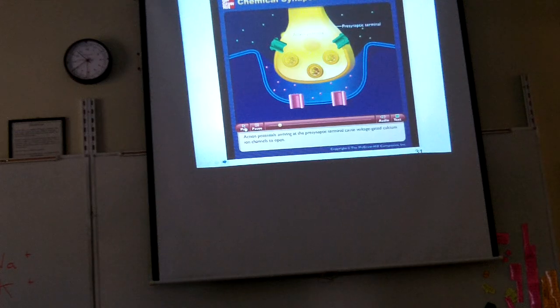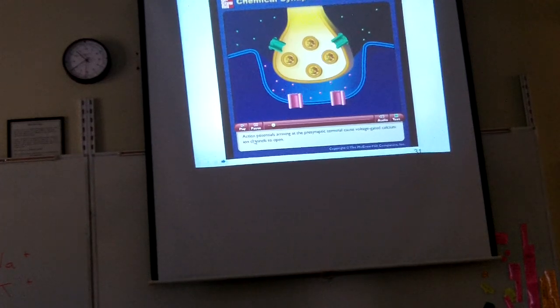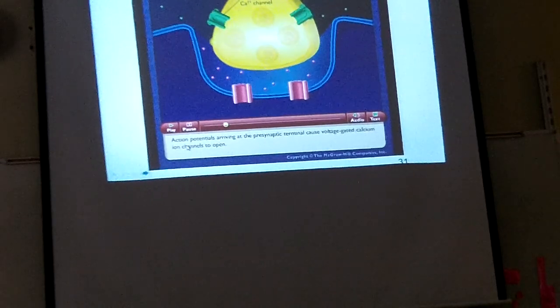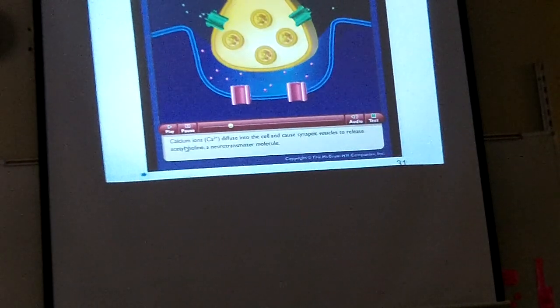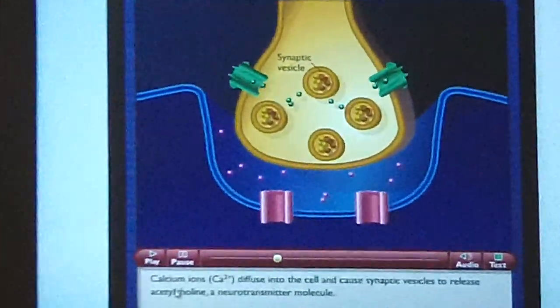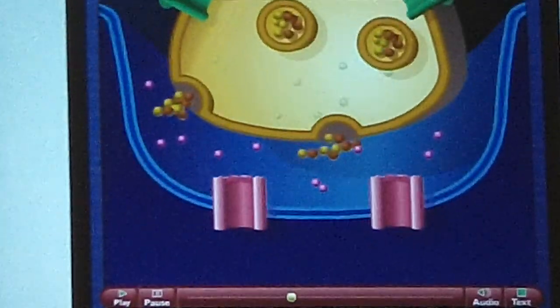Synaptic terminal cause voltage-gated calcium ion channels to open. Oh no, let me start it over. Action potentials arriving at the presynaptic terminal cause voltage-gated calcium ion channels to open. Calcium ions diffuse into the cell and cause synaptic vesicles to release acetylcholine, a neurotransmitter molecule.